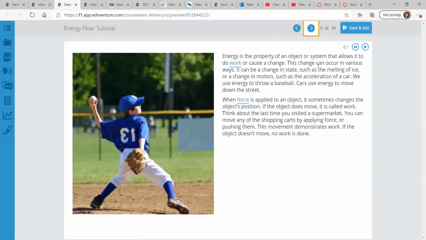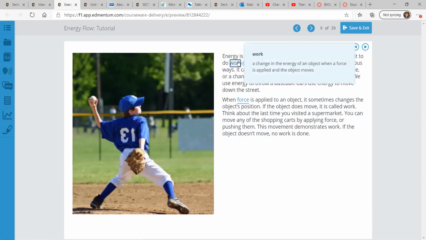Energy is the property of an object or system that allows it to do work or cause a change. Now, work, if we click on this definition, work is defined as a change in the energy of an object when a force is applied and the object moves.